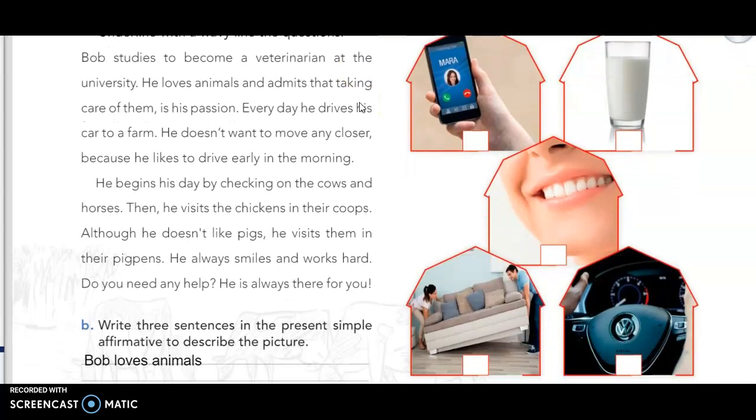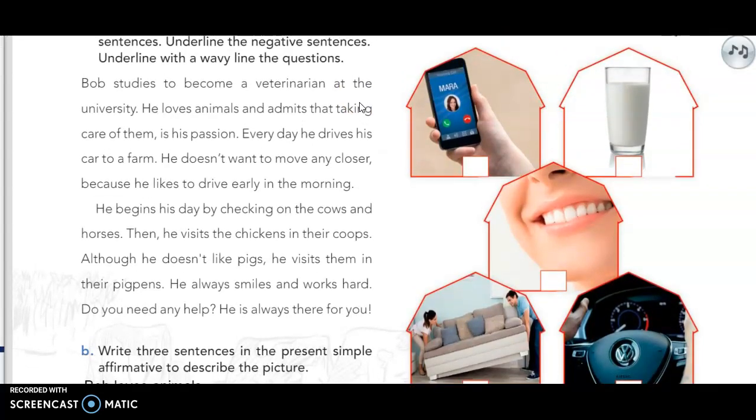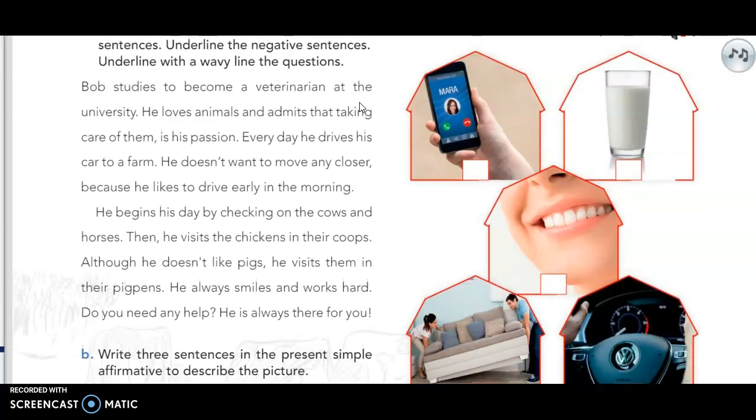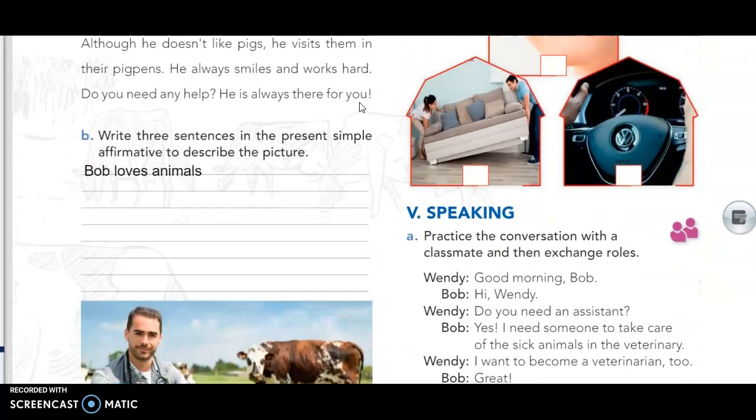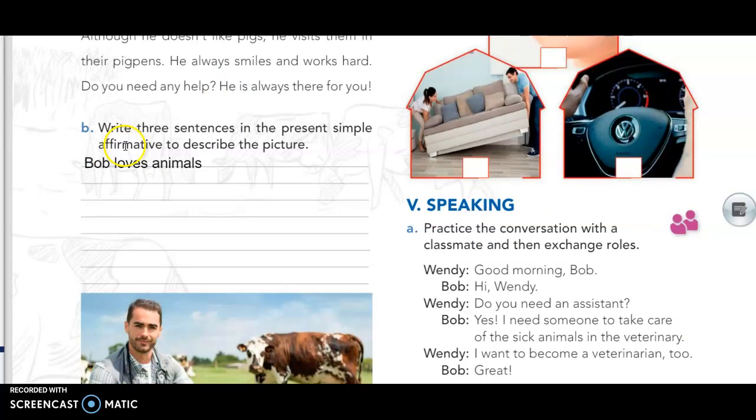Pueden repetir varias veces el texto o pueden identificar las oraciones afirmativas, negativas y las preguntas. Vamos a movernos al ejercicio B. Vamos en este ejercicio a escribir 3 oraciones en el presente simple afirmativo para describir la imagen.